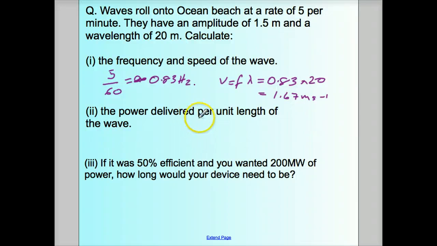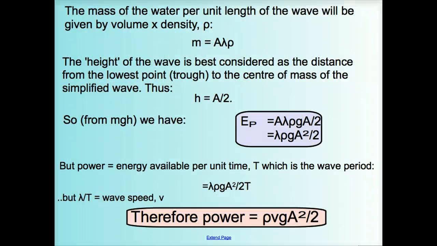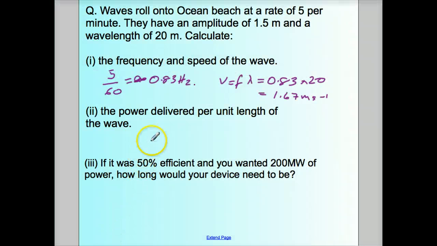Next question, the power delivered per unit length of the wave. We have our equation from the previous page, which is rho Vg a squared over 2. Plugging the numbers in here, the density of water, we need to know, is 1,000 kilograms per meter cubed.